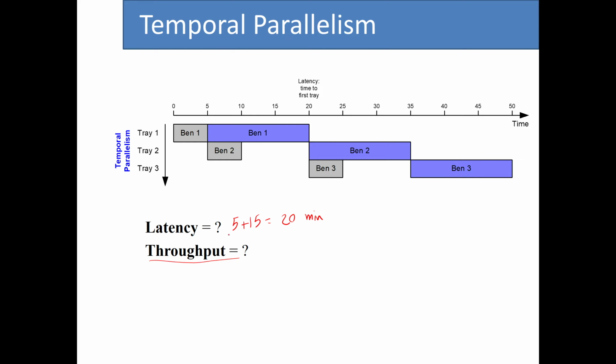Because of that, the number of trays that we can bake per hour increases. Here we can bake 4 trays per hour. Why? Because while we wait for one to bake, we roll the other one. If we start from this 5 minutes and go until the 65 minutes, we see that we were able to bake 4 trays of cookies per hour. So by doing temporal parallelism, we were able to increase the throughput as well.